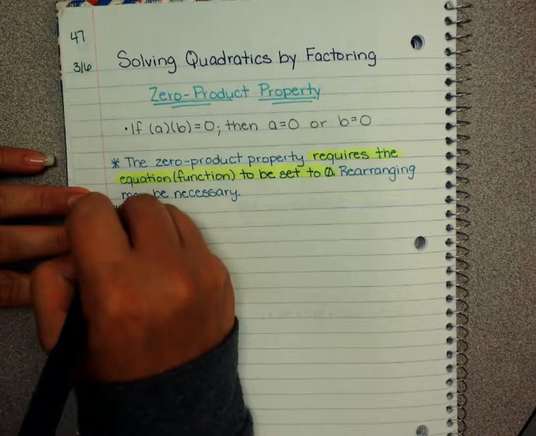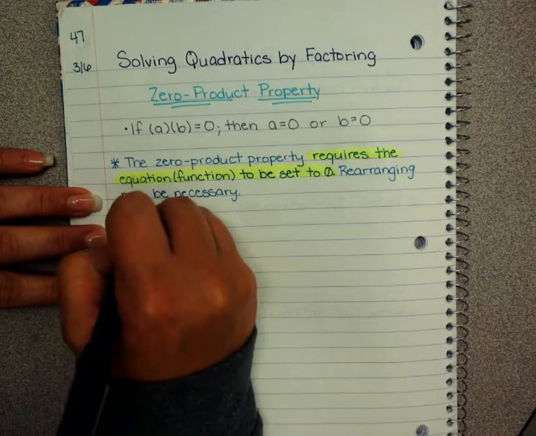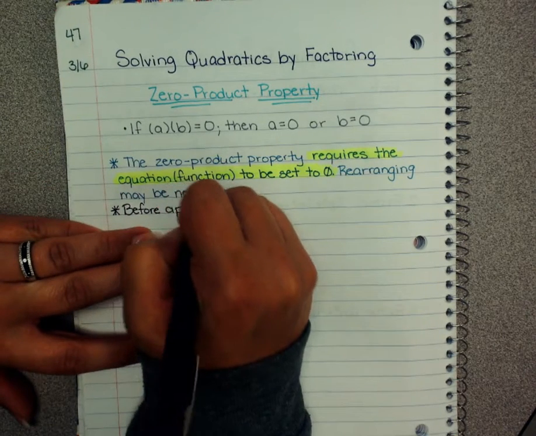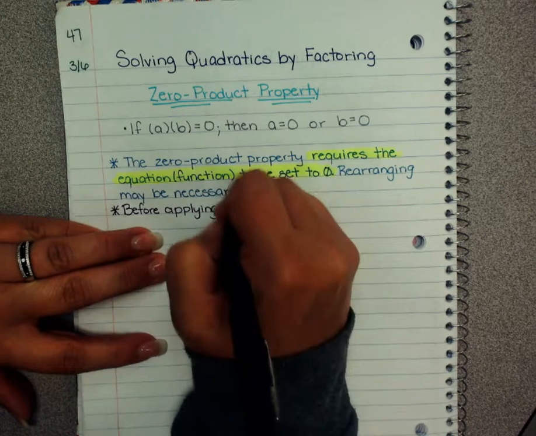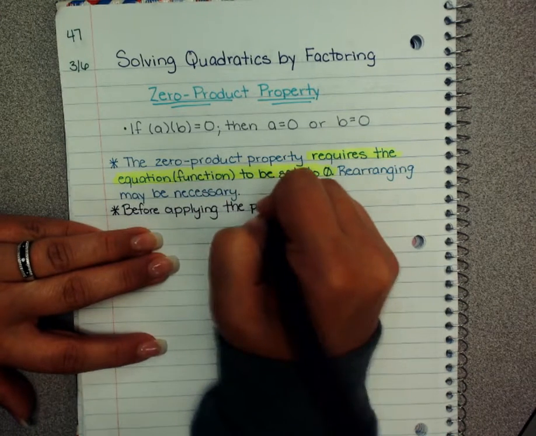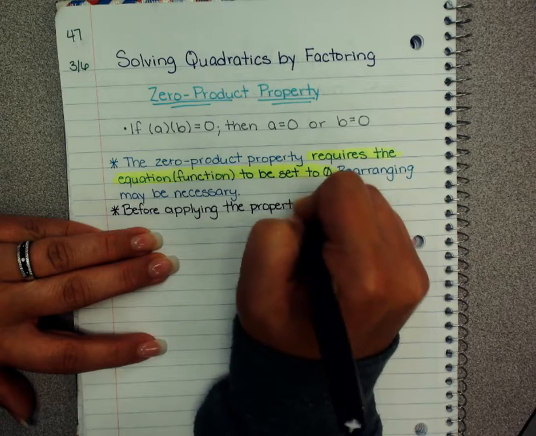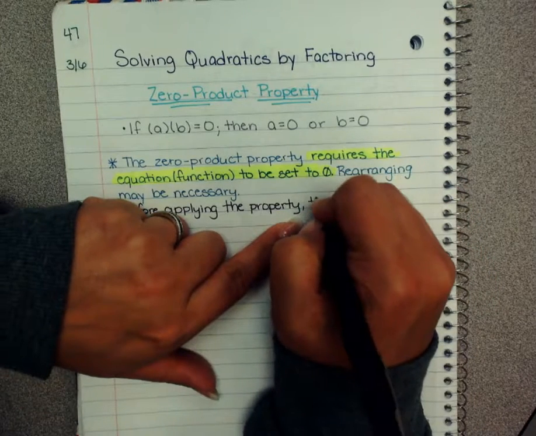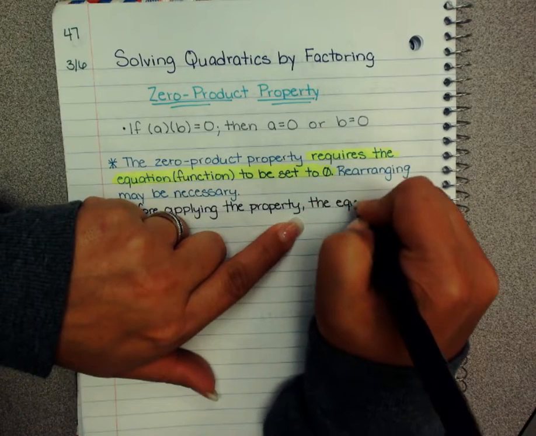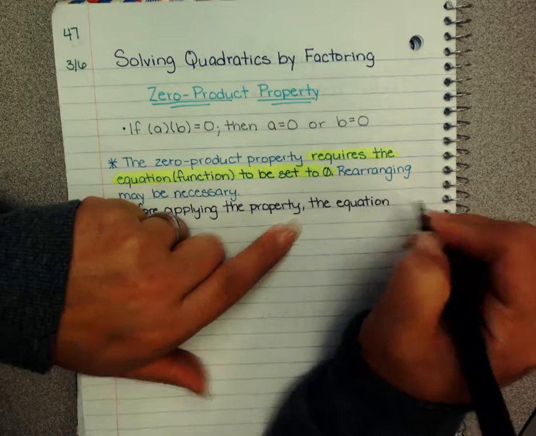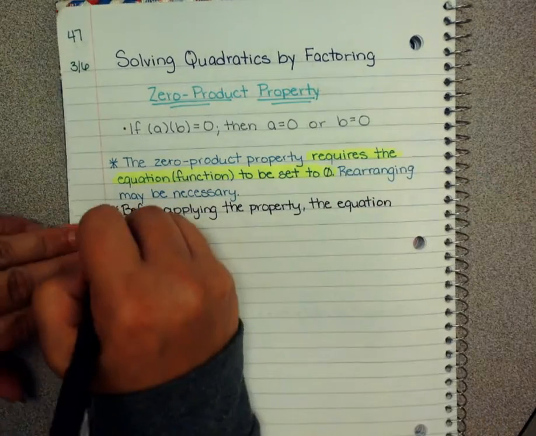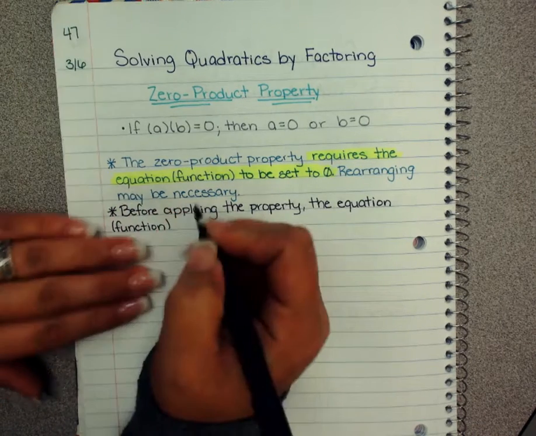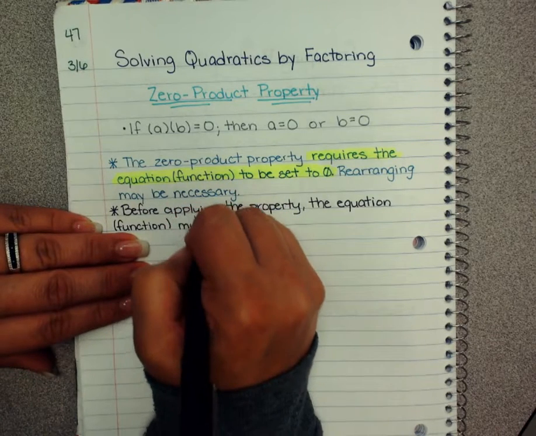Second thing about our zero product property is that before applying the property, the equation, our function, must be fully factored.